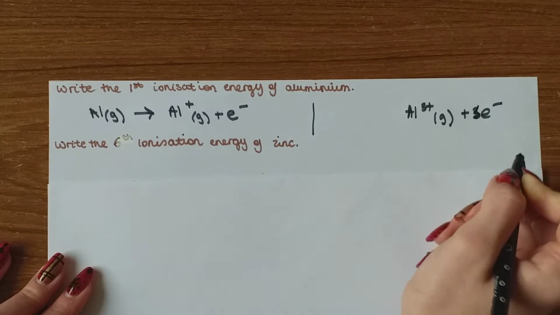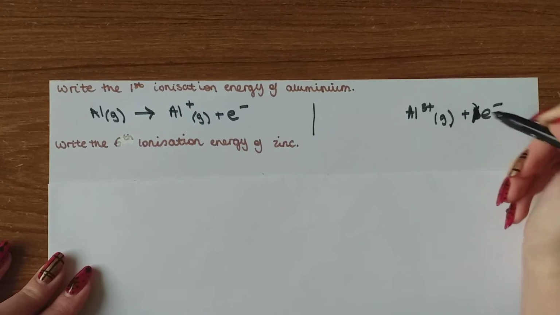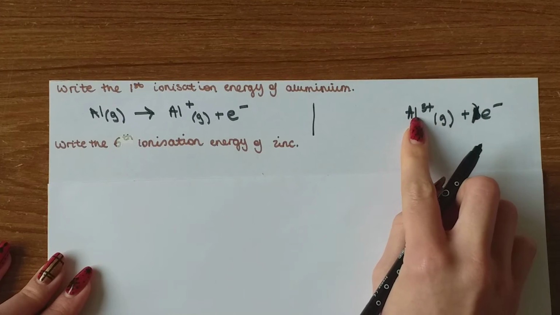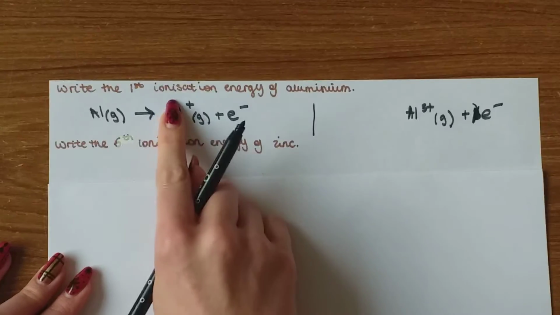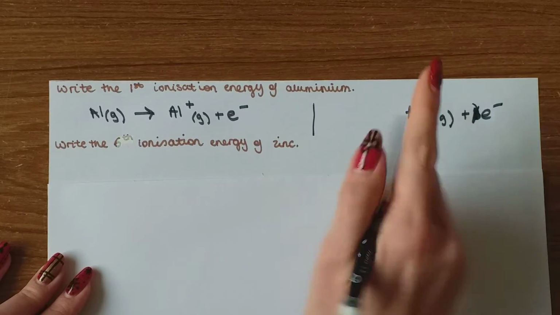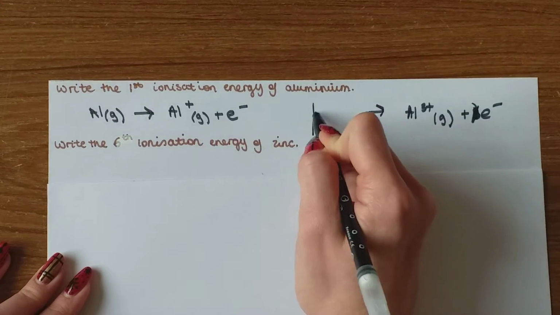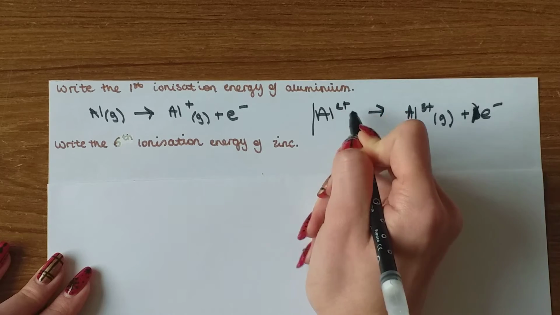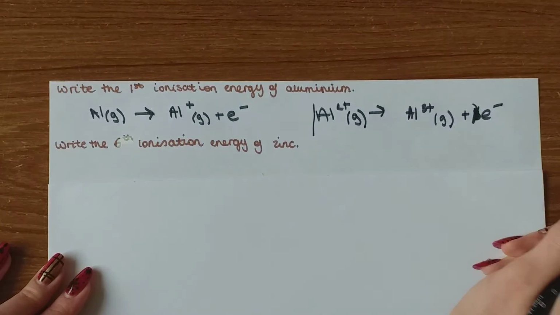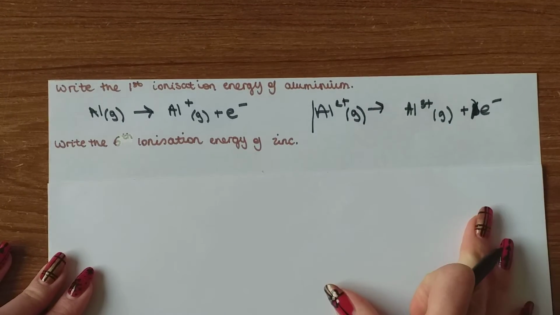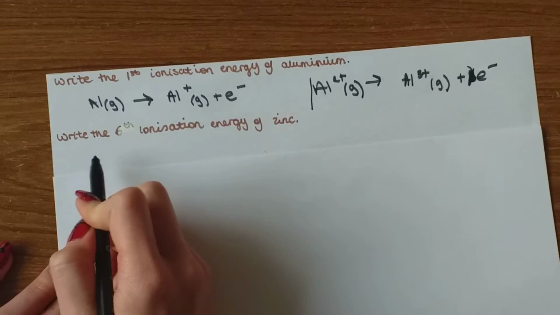No, plus electron minus. So whatever ionization energy they ask for, you put it on the right hand side. And then you just balance the equation like this.